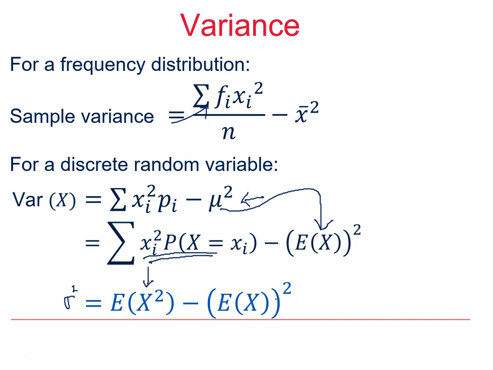So this final formula here in blue is probably the simplest way of remembering how to obtain the variance when you have a discrete random variable and a probability distribution.